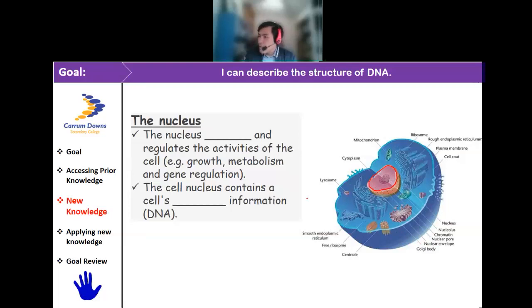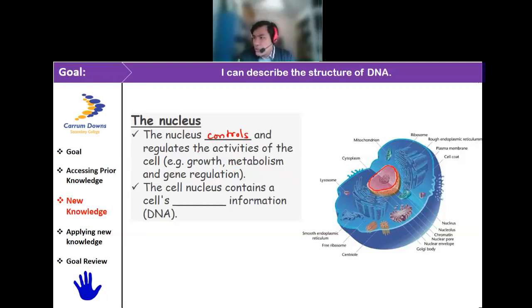So the nucleus, its job is to control and regulate the activities of the cell, so things like growth, metabolism, and also gene regulation.